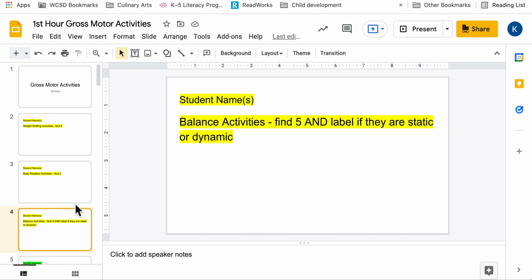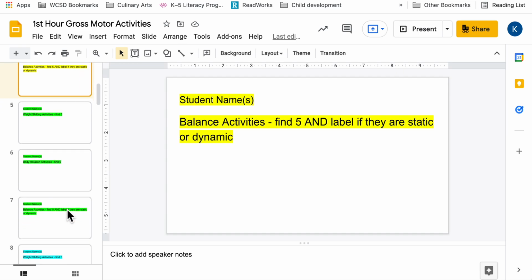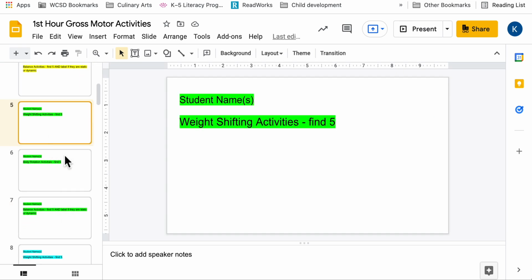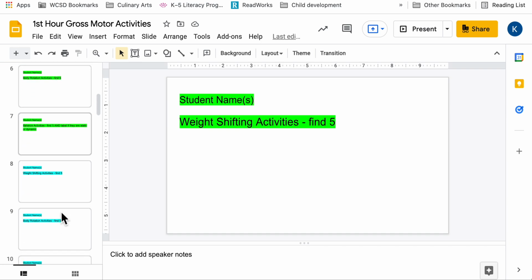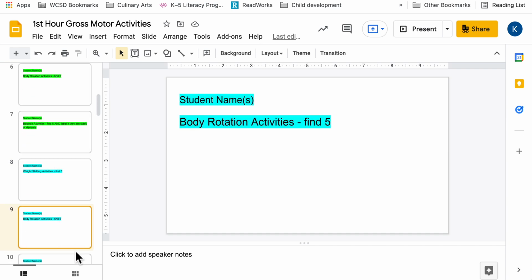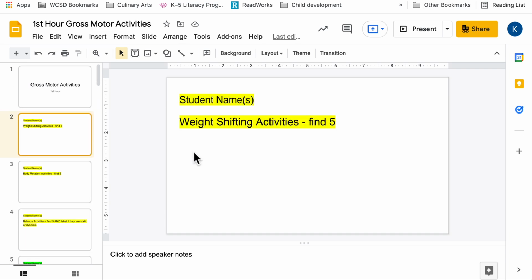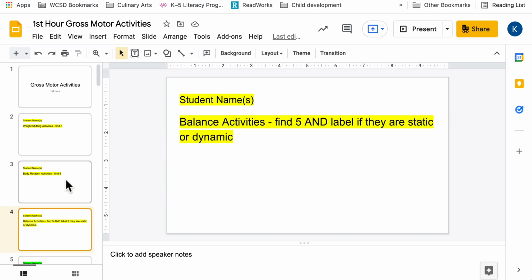Whoever takes the ones in yellow, all three of these slides are yours. Ooh, then look, the next three, they're green. So whoever takes a green slide, all three of those slides are yours. Ooh, and then look, there's blue. Okay, well, whoever takes the blue, all three of those slides are yours, because we're trying to find activities that help kids with each of these areas of gross motor development.